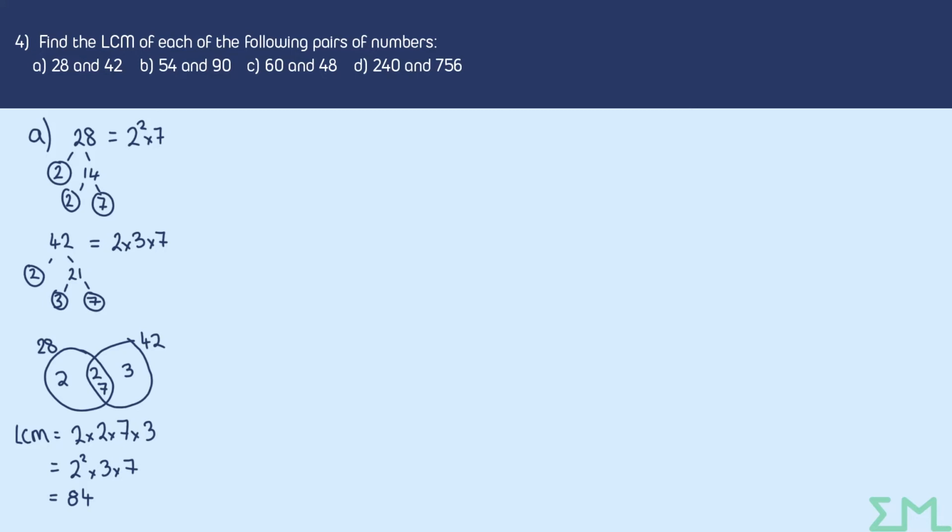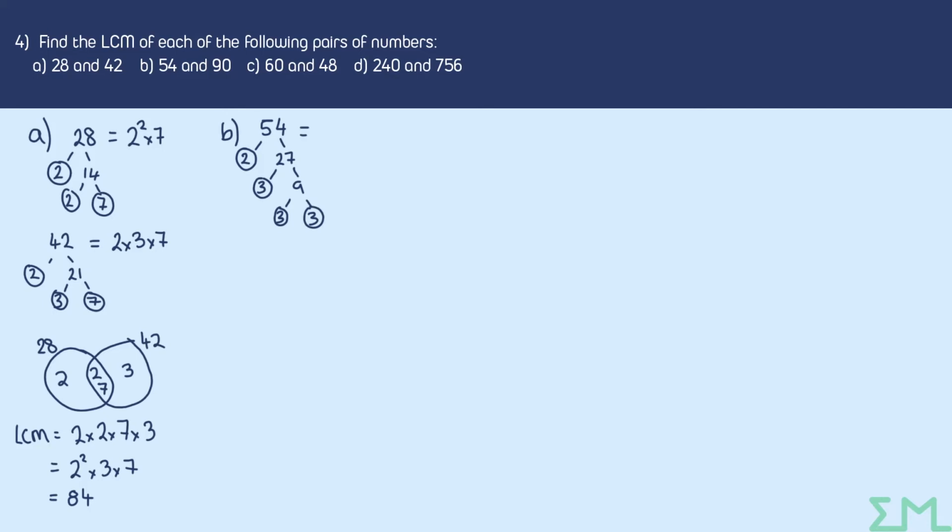In part B, I'm going to use a slightly different method if you're not a fan of the Venn diagrams. We still need to use our prime factorizations though, so let's start by doing that. 54 halves into 2 and 27. 27 can then be divided by 3 several times.